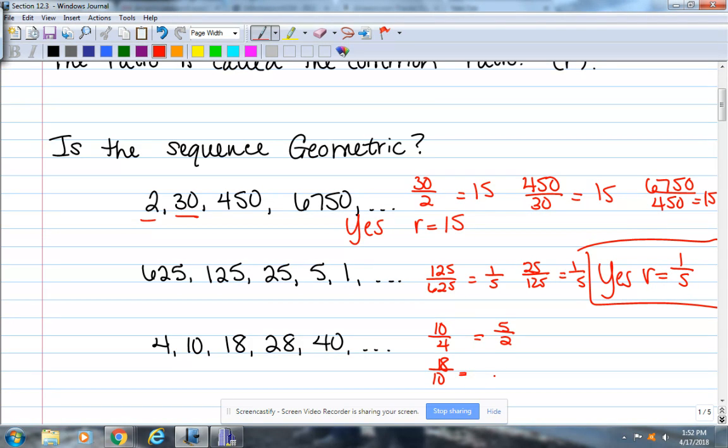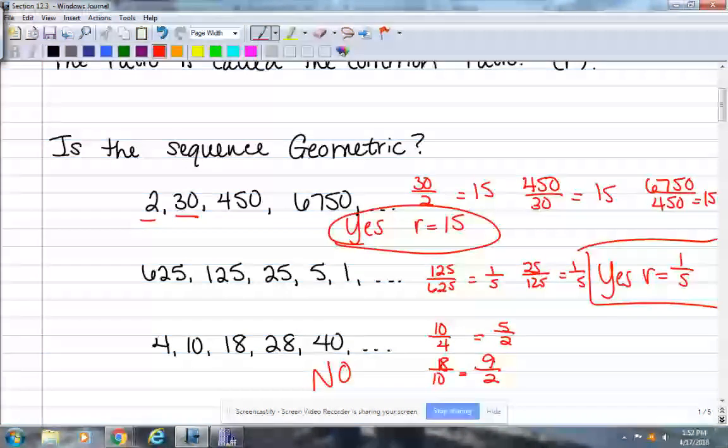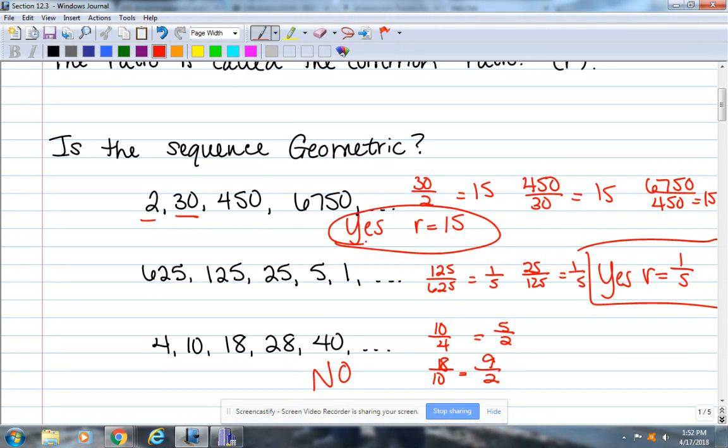Is this also 5 over 2? Is 18 over 10 5 over 2? No, it's 9 over 2. So these don't have a common ratio, so is this a geometric sequence? No, it's not geometric. So it is geometric if you're multiplying by the same common ratio or dividing by the same, which would be multiplying by a fraction.